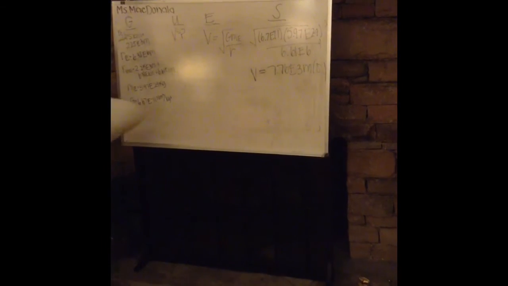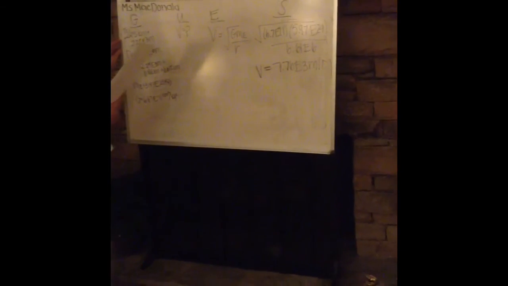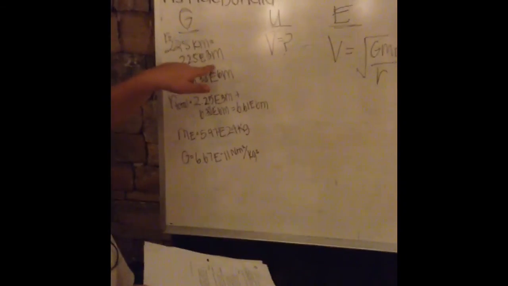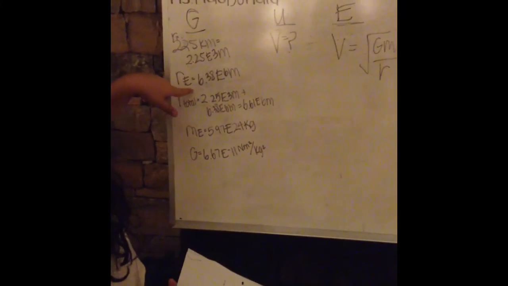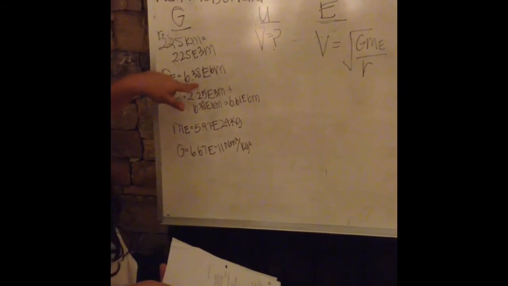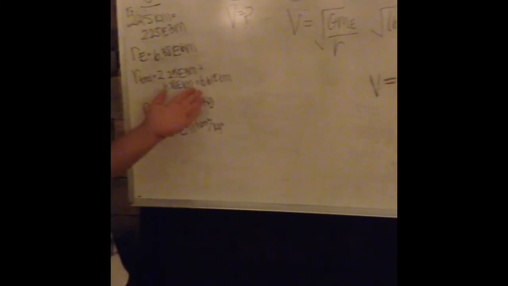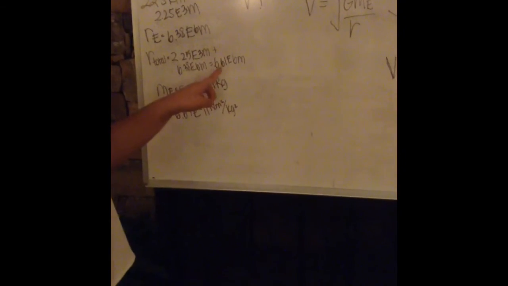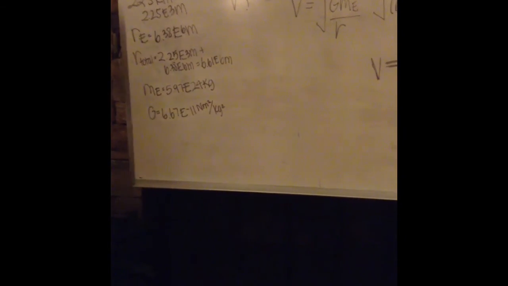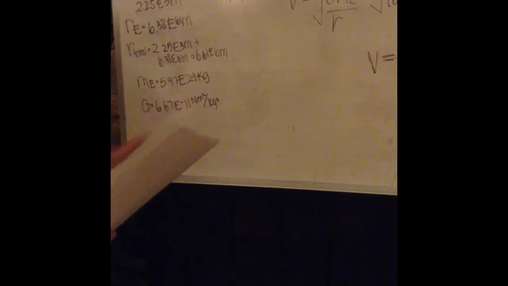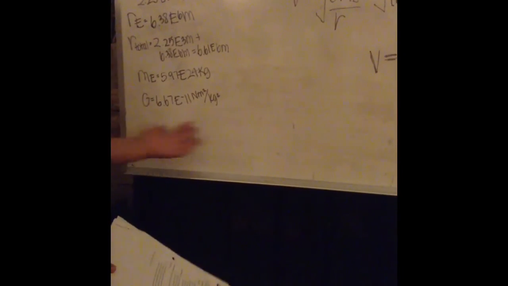Okay, so I put the radius of the satellite, and I got 2.25 times 10 to the 3rd meters, and then the radius of the Earth, which is 6.38 times 10 to the 6 meters, and you have to add those together to get the radius, and you get 6.61 times 10 to the 6 meters, and then the mass of the Earth is 5.97 times 10 to the 24th kilograms, which is given in the problem, and then gravitation.